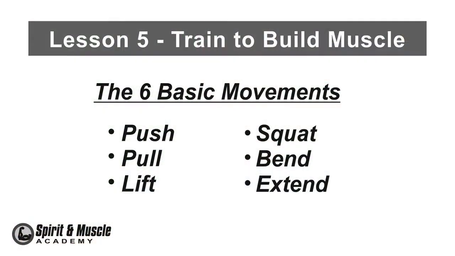Our bodies move and bend in just about every direction possible. When we work out, it's important to work out every major muscle group that's in our body. That way our body develops proportionate and symmetrical. With that in mind, I've divided exercise movements into 6 basic movements: push, pull, and lift for the upper body, and squat, bend, and extend for our lower body and core.